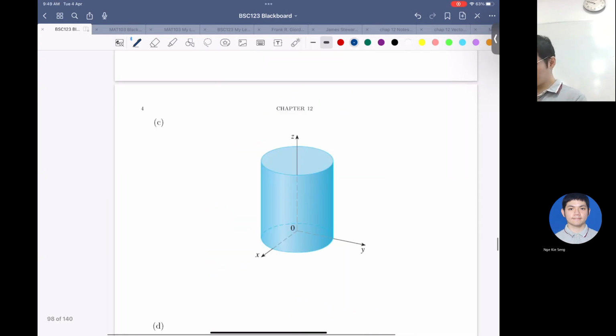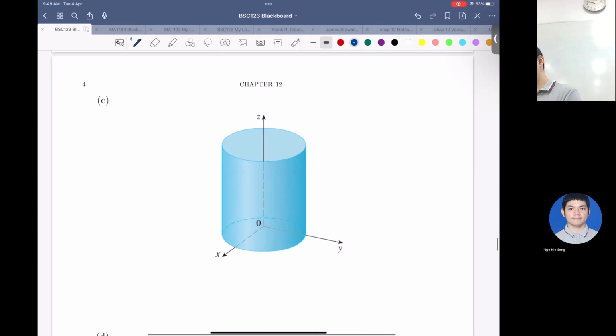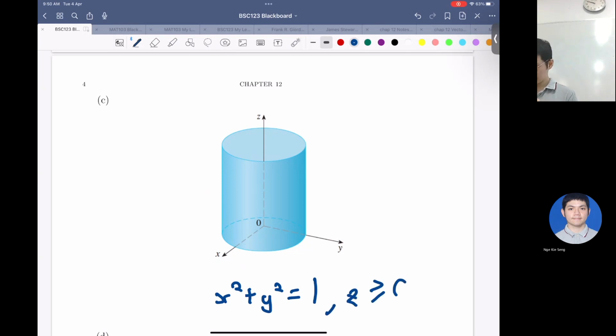How about this? This is a cylinder. So what's the equation? X squared plus Y squared equals 1. But this one actually starts from the XY plane, so it is Z greater than or equal to 0.